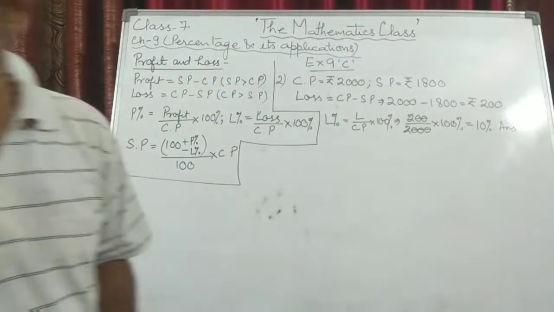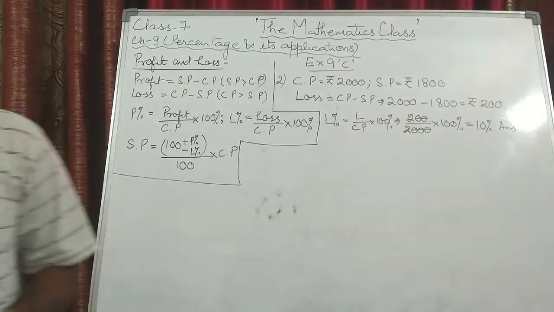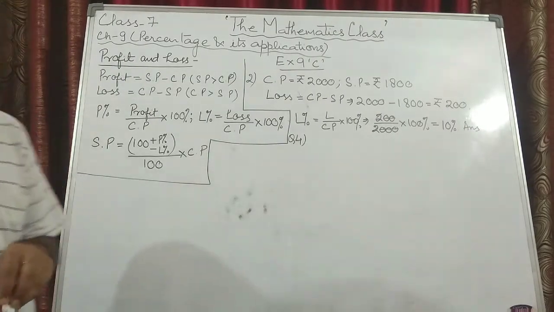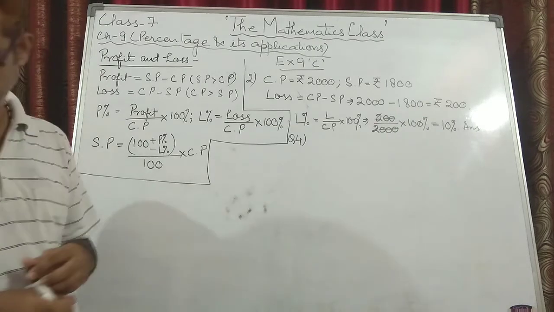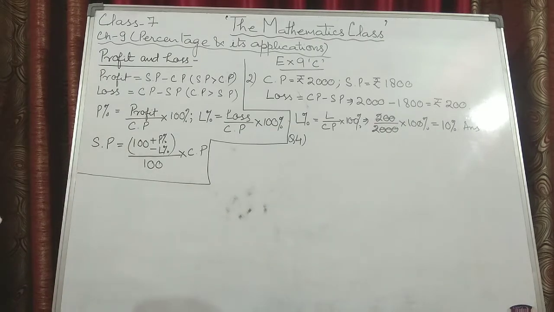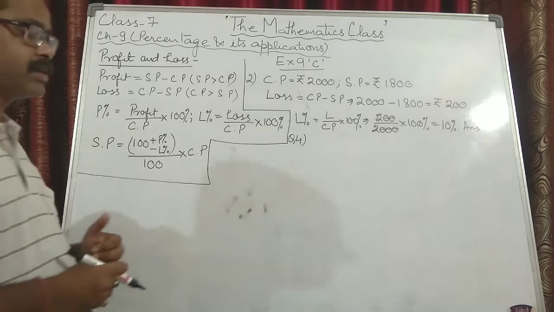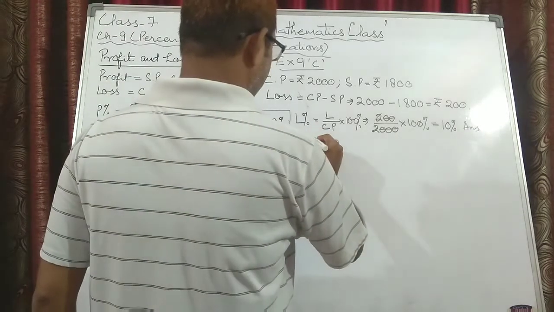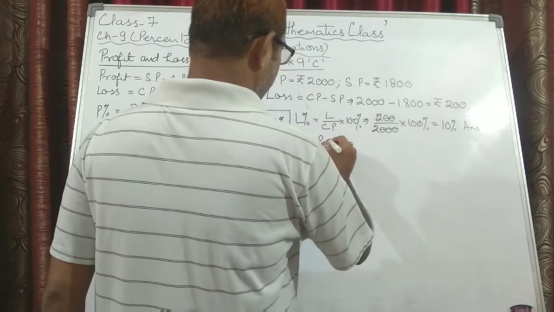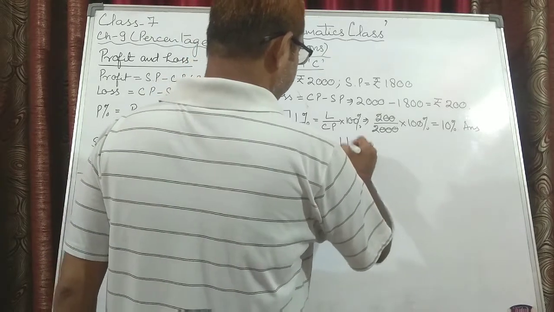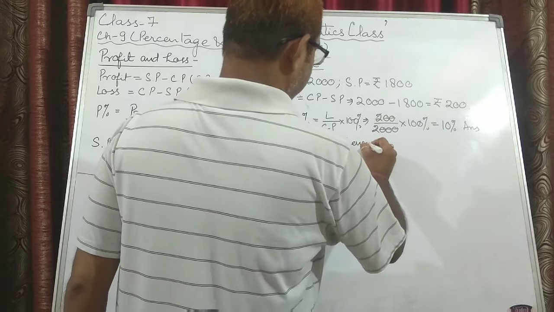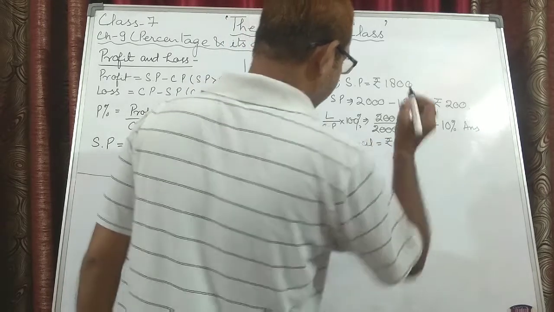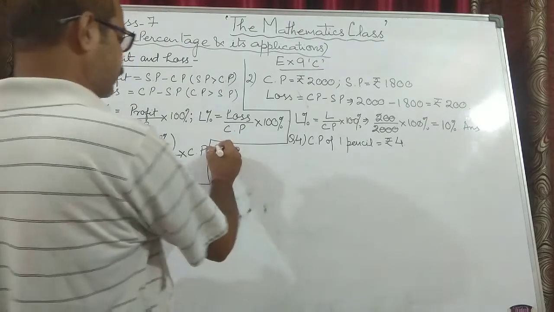Now let's see which question we will take. The next question we are taking is question number 4. Third, I think you can do on your own. A bookseller buys 500 pencils at rupees 4 each. Means cost price of one pencil is rupees 4 and he is buying 500.